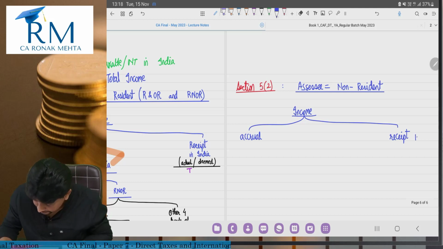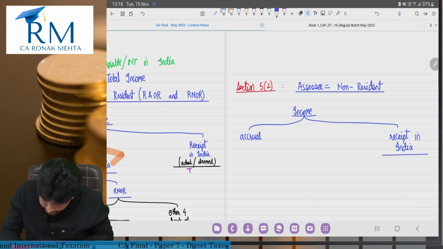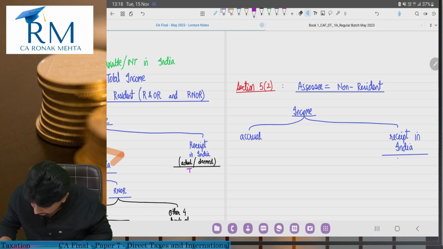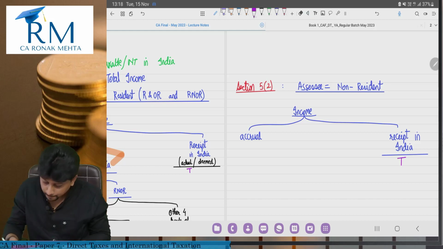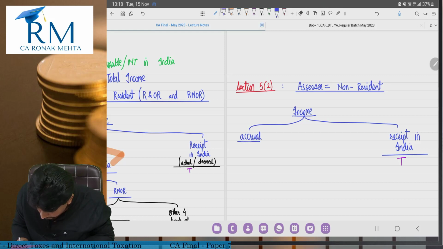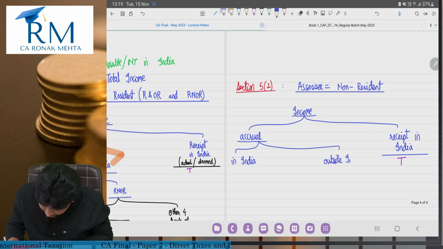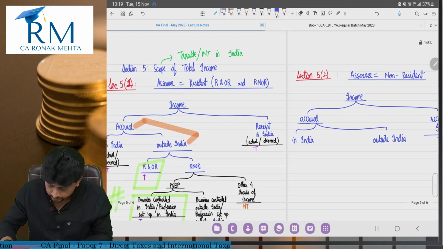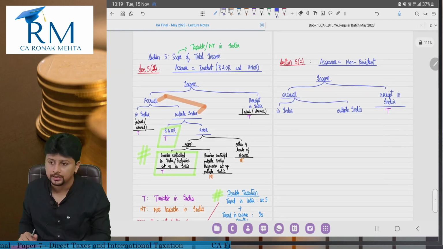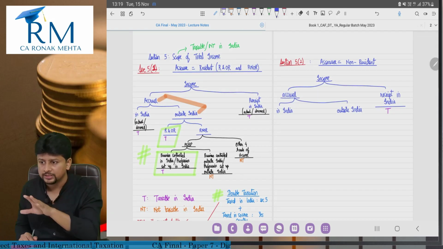As far as receipt is concerned, Section 5 has said received in India. So if the income is received in India, obviously the income is taxable in India. If the income is accrued, I have two possibilities: accrued in India, accrued outside India. I am following the same pattern. Accrual in India, accrual outside India, same pattern.